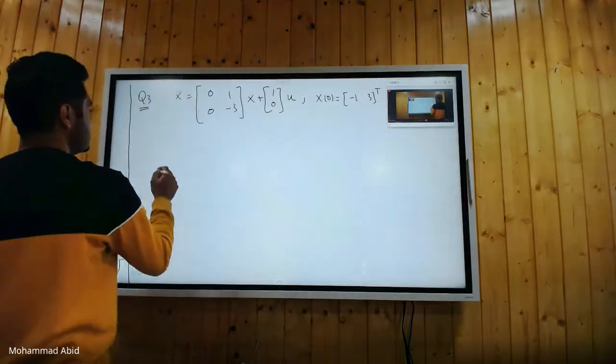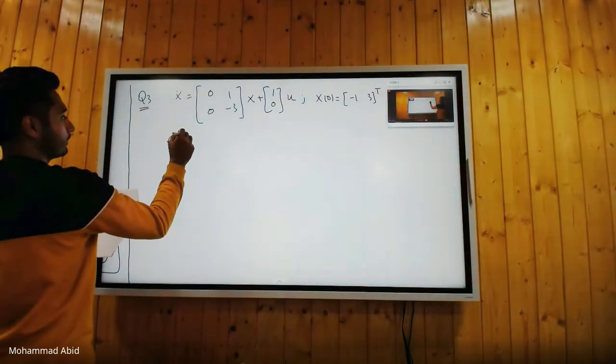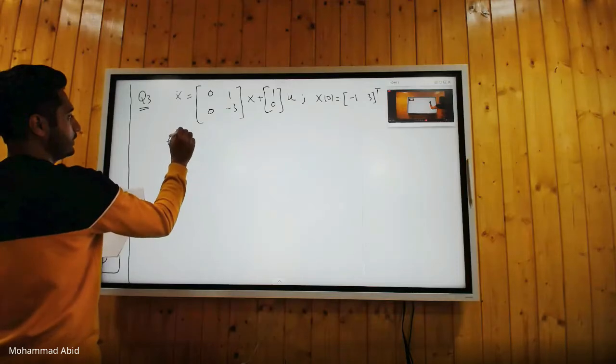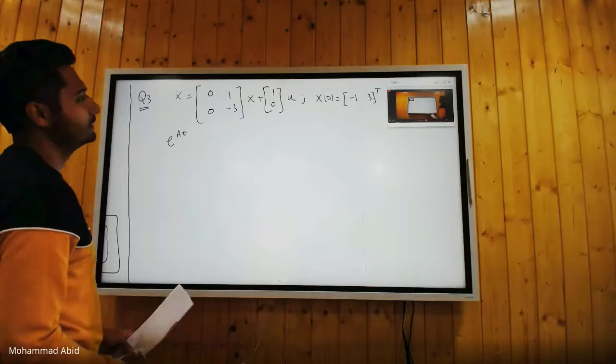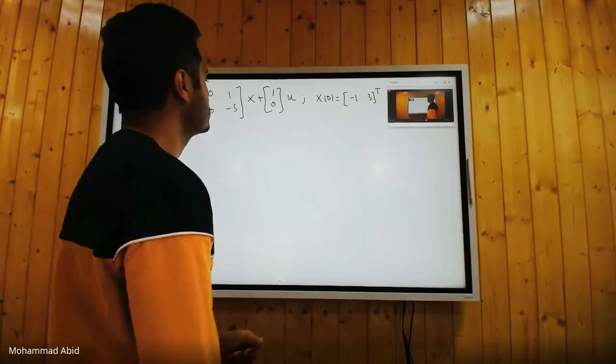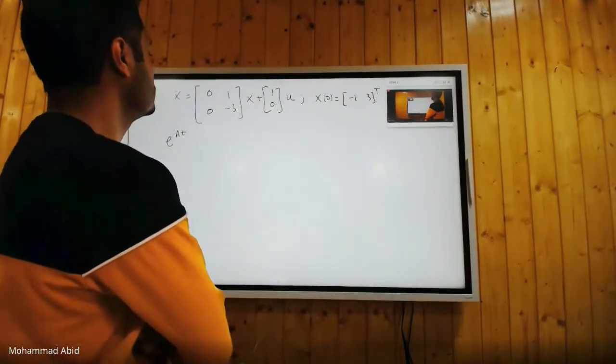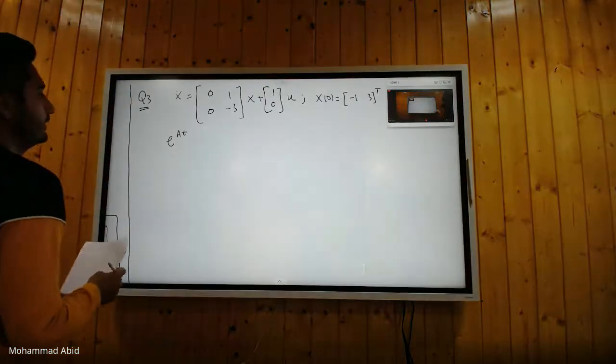Find the state transition matrix, e to the power At. You can use any method to find e to the power At because it's not mentioned in the question which method you have to use. You can use any method you like.